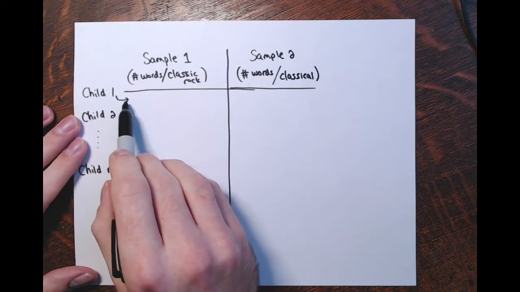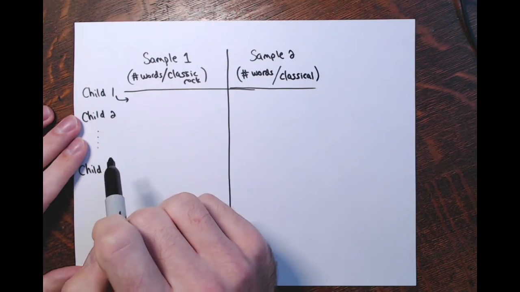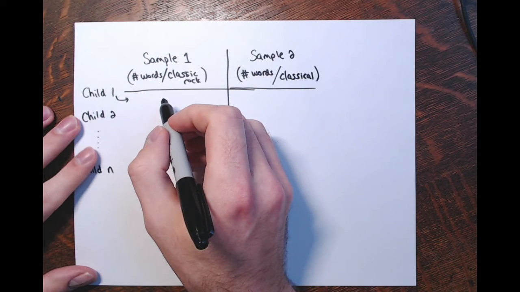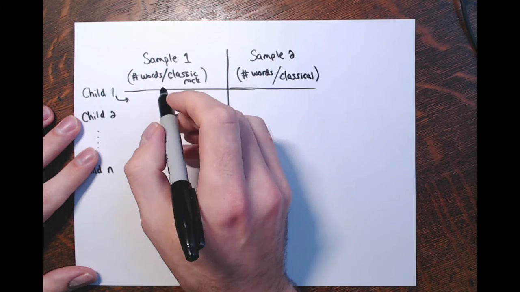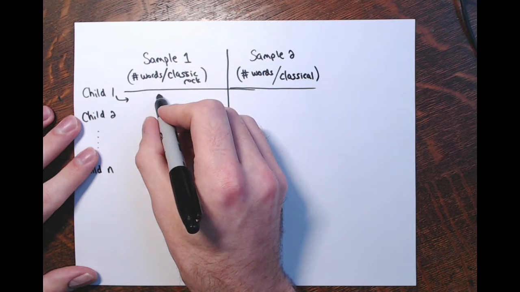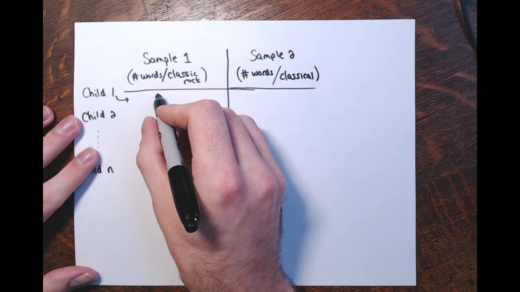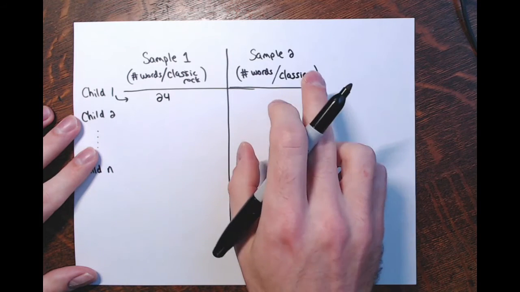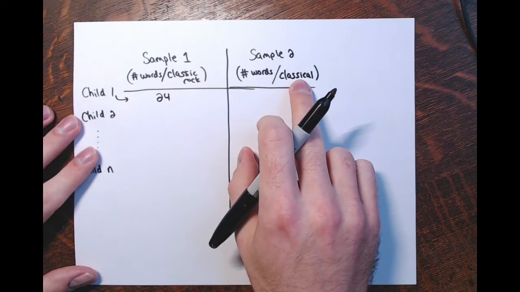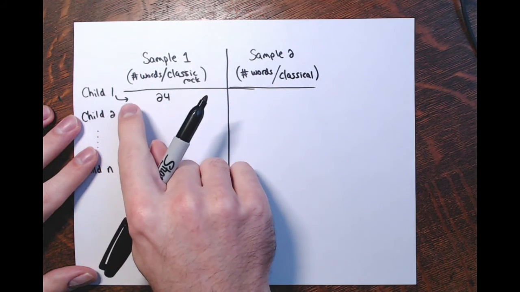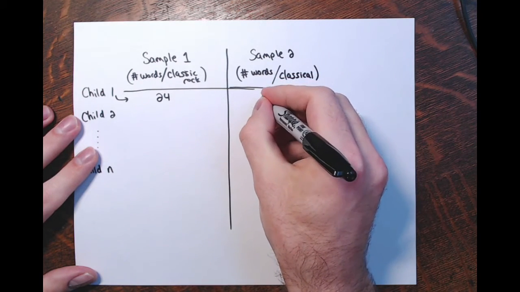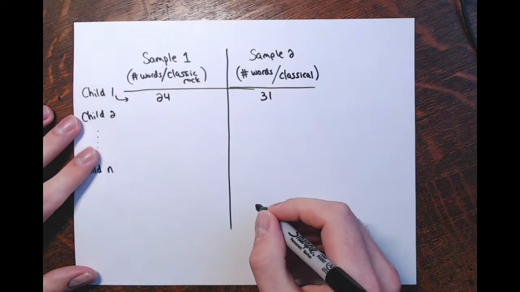So the first kid, after listening to classic rock, say on this list of 100 words, while trying to memorize them, say the child remembered 24 of them. But then on this other list of a different 100 words, this same child, after listening to classical, say they remembered 31 of them.